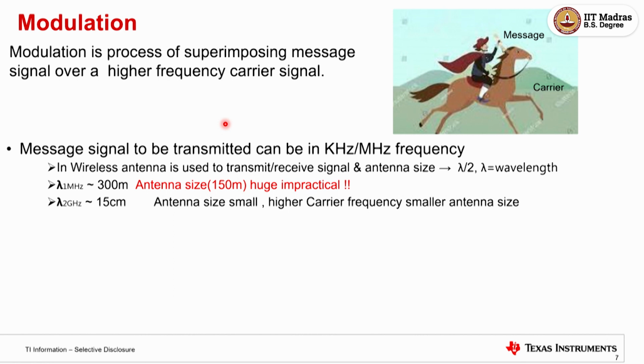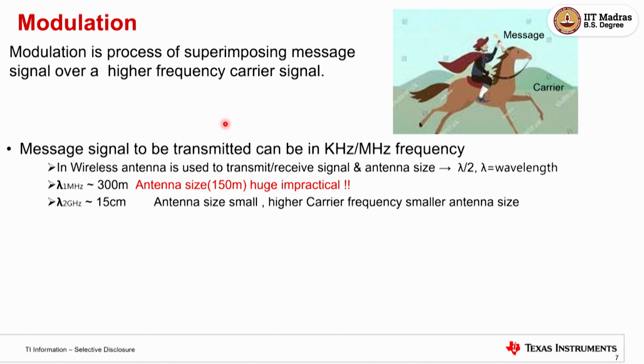I'm not going into the details of it. One thing in electromagnetic theory or antenna theory is that the size of the antenna is proportional to the wavelength of the frequency that the antenna is trying to emit or receive. So that's where it comes in.